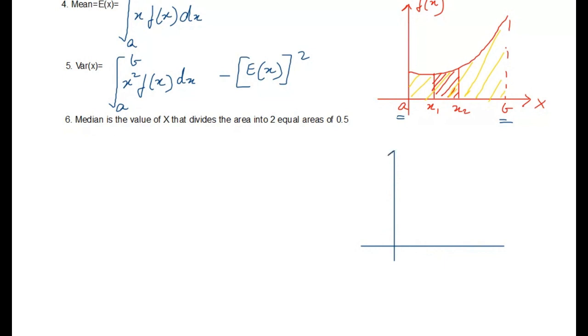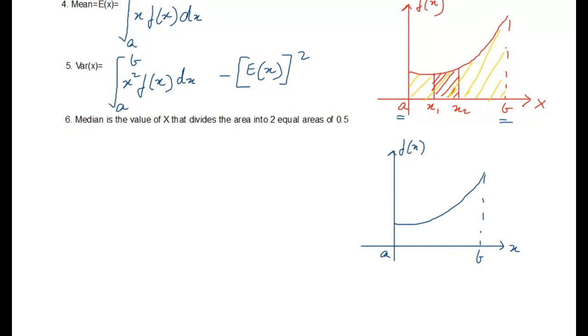Let's say this is f of x and this is x, and our function is defined between a and b.